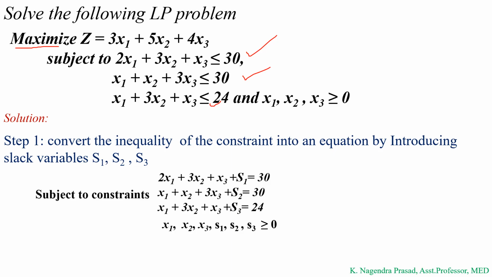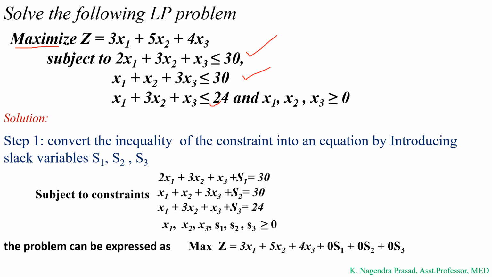Then express the objective function with the basic variables as well as the slack variables. Then the objective function will become maximize z equal to 3x1 plus 5x2 plus 4x3 plus 0s1 plus 0s2 plus 0s3.